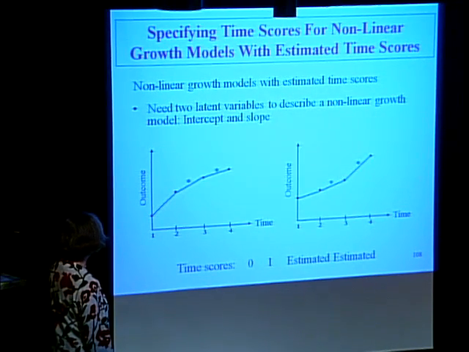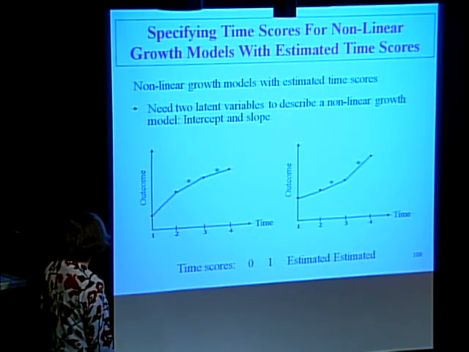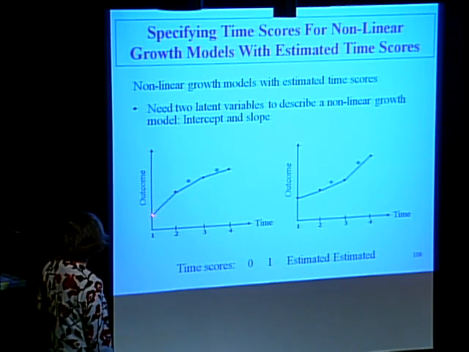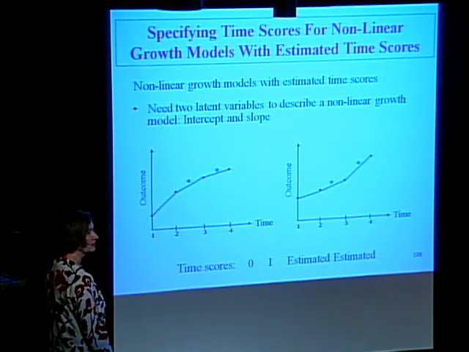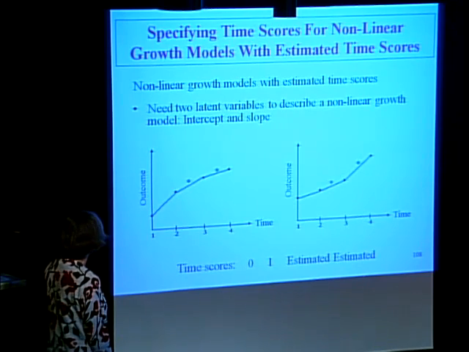and then all of a sudden accelerates the development. And in these 2 situations, we have a time score of 0 and 1, and then 2 estimated time scores. So a fixed time score at time 1, a fixed time score at time 2, but at times 3 and 4, we allow the time score to be estimated rather than to fix it to a value.